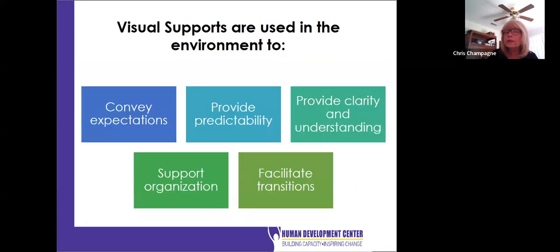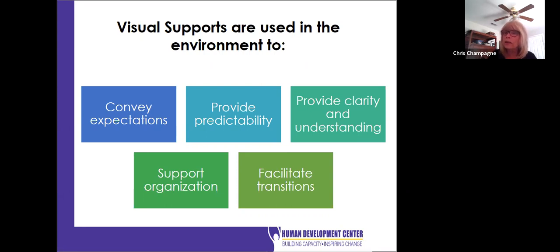The other thing I think to keep in mind is that most people tend to be visual learners. And so it's a good strategy, not just for kids who might have special learning challenges, but it's really good for everybody. So visual supports can convey expectations. They can provide predictability in an environment.